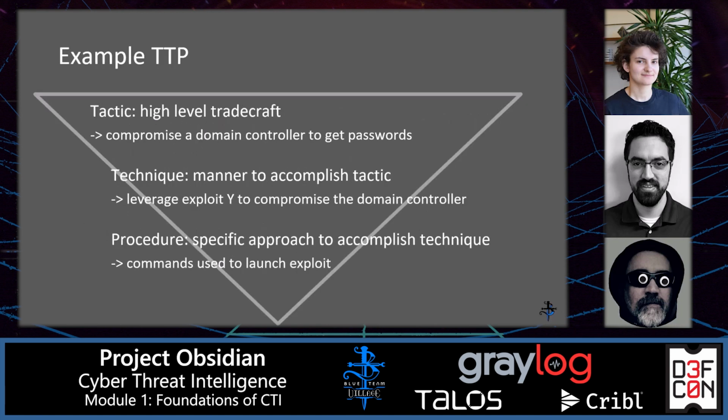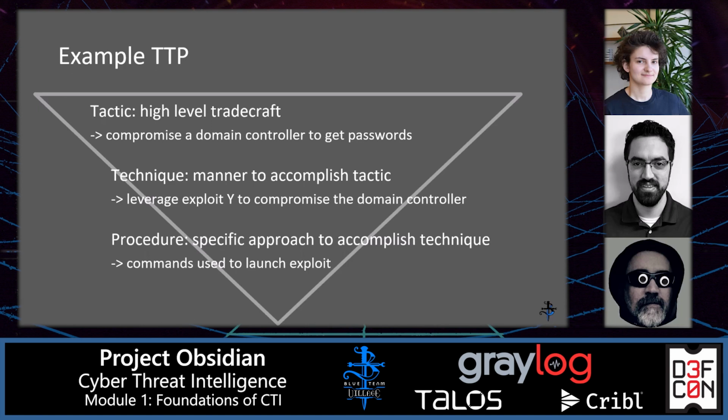And we're moving on to an example here, an example TTP. So remember that stands for tactics, techniques, and procedures. So this is kind of like a broad to narrow scope view. You start out with a tactic, which is like a high level tradecraft. So for example, you compromise a domain controller to get passwords. That's what the adversary did.